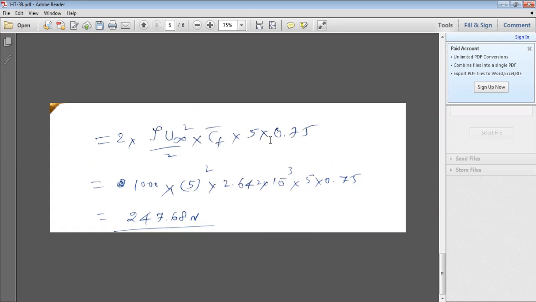But for a cylinder of length L and diameter D, how do you calculate surface area? Pi D L, the circumference pi D into the length of the cylinder. That is the surface area, and that is the only difference.